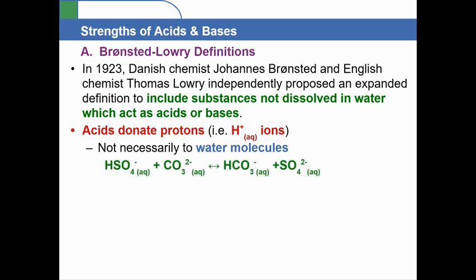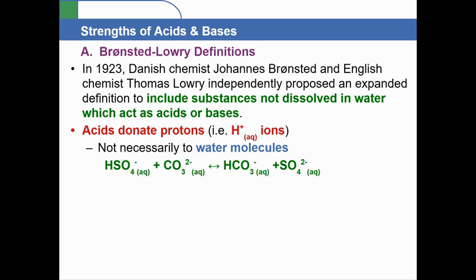For example, in this, HSO4 negative 1. In this case, this is donating an acid. When this ion reacts with a carbonate ion, CO3 2 negative, it donates that hydrogen over to it, thus making the hydrogen carbonate ion, HCO3 negative 1, and a sulfate ion.